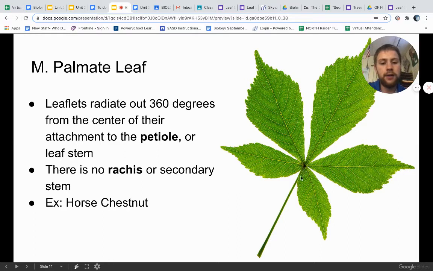We've got a petiole, but there is no other stem that all of them radiate from. It's just the petiole, and there's no secondary stem like we have in our double pinnate. An example of this would be horse chestnut. Horse chestnut is an example of a palmate leaf.